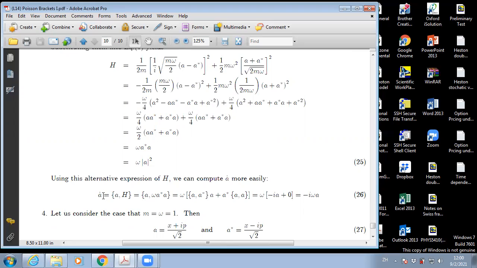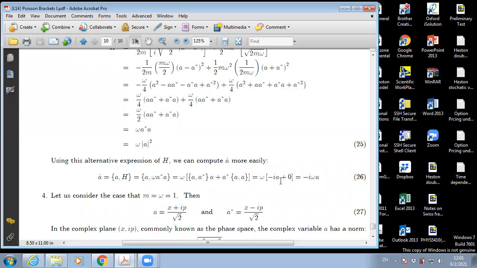Here, A dot equal to the Poisson bracket between A and H. Now we plug in the definition of H, which is equal to omega A star A. Then we apply the distributive law, and we can evaluate the Poisson bracket right away, which is equal to minus i omega A, since we know the Poisson bracket between A and A star and also A and A. The Poisson bracket between A and A is equal to 0. The Poisson bracket between A and A star gives you minus i, as shown above.